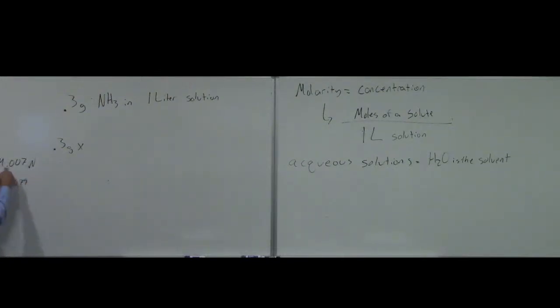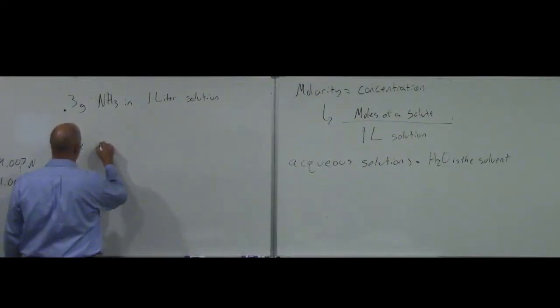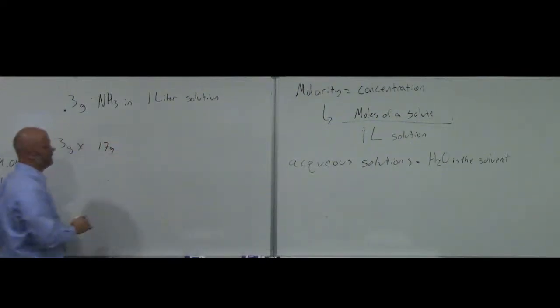I'm not dealing with all that, so I'm going to round. I have NH3, so how many hydrogens do I need? You need 3. So I need 17 grams. Now, I want you to think about this for a second. We're about to do some dimensional analysis stuff. This is grams per what?